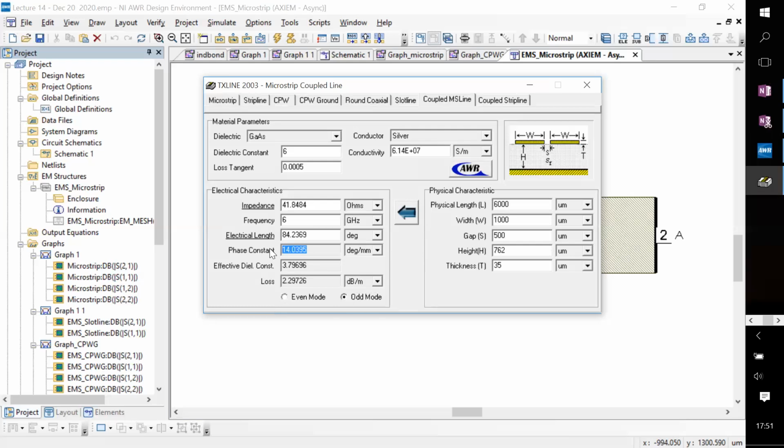If the phase constant is larger for the even mode as opposed to the odd mode, then which one has a faster speed of propagation? Joydeep? Yeah, so I think the phase velocity is the derivative of this phase constant. So for the even mode, I think it will be fast. So the even mode is faster. Okay. What about the others?